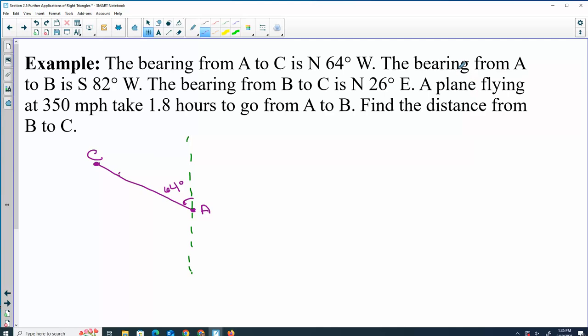The bearing from point A to point B is south 82 degrees west. So we get point B, we go south 82 degrees west. So this angle is 82 degrees.